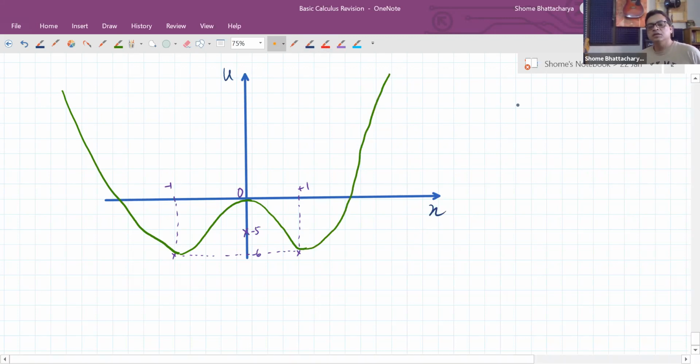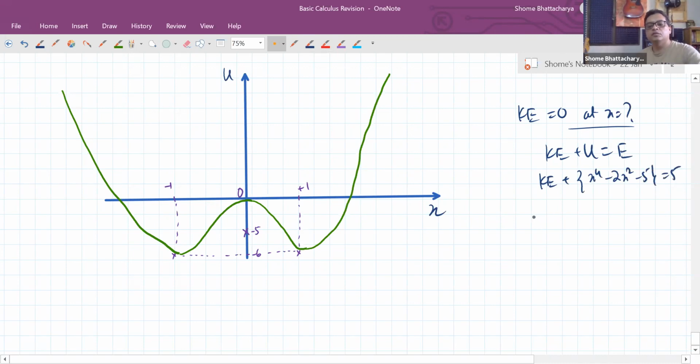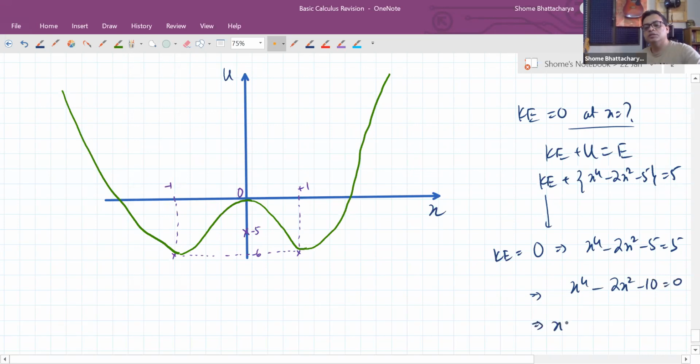Okay, now you can also see that kinetic energy is 0 at what value of x? So kinetic energy plus x to the power 4 minus 2x square minus 5 is equal to 5. So kinetic energy is 0 implies that x to the power 4 minus 2x square minus 5 should be equal to 5, or x to the power 4 minus 2x square minus 10 is equal to 0.